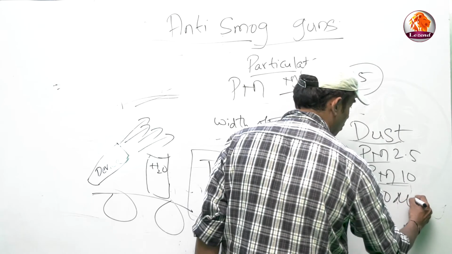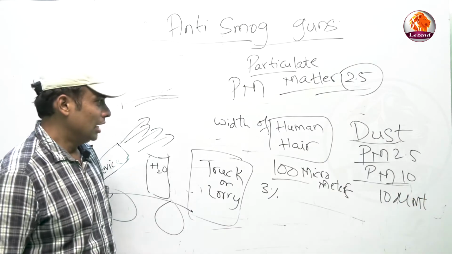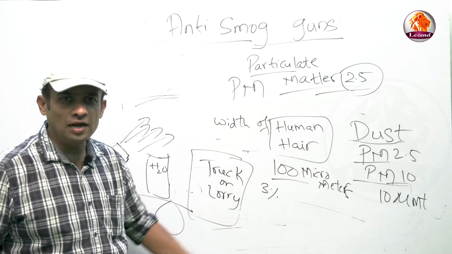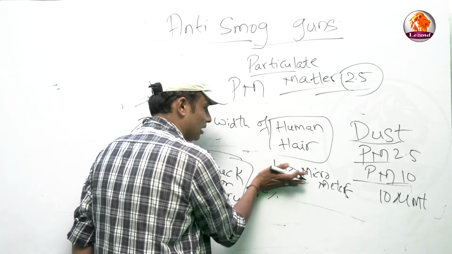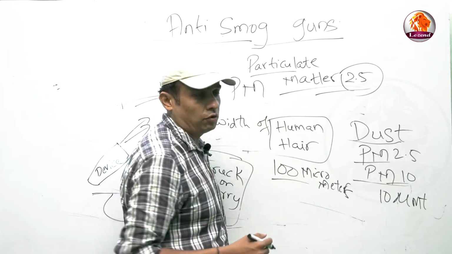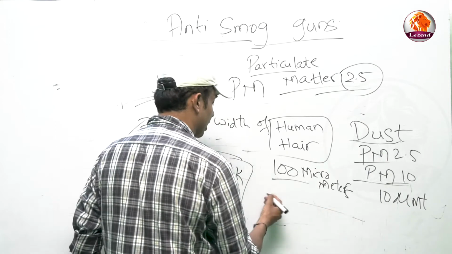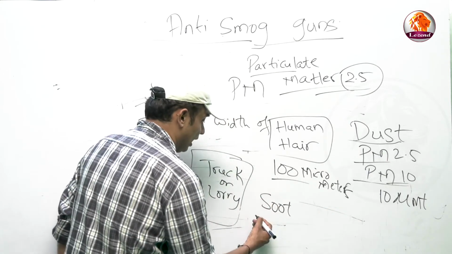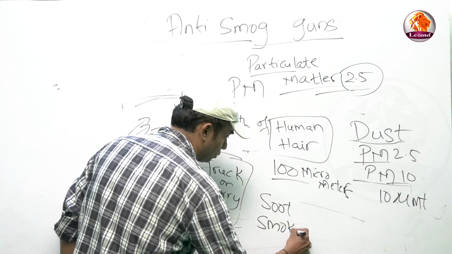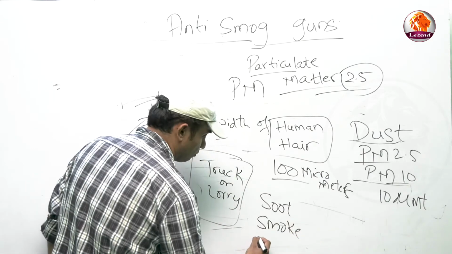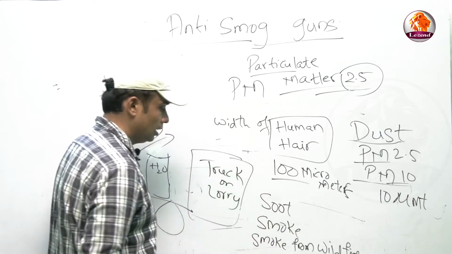Okay. The main ingredients of particulate matter 2.5 are soot and smoke, tobacco smoke, then smoke from wildfires, right?